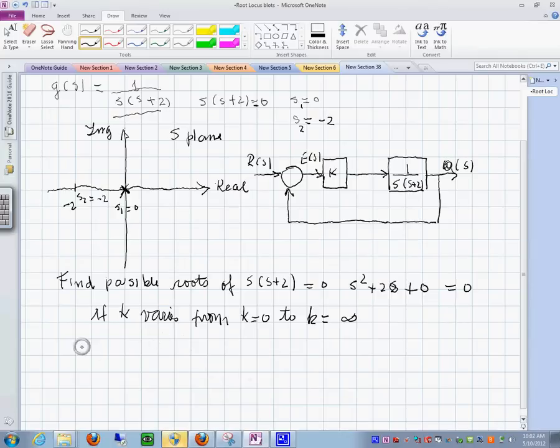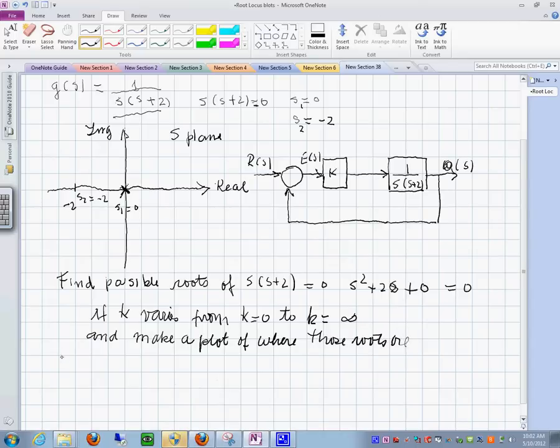You can say, I'm going to make a plot of where those roots are.